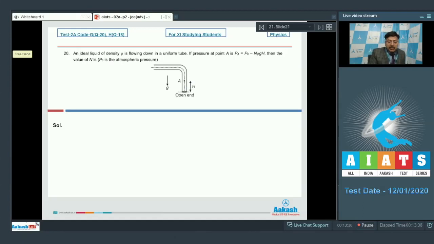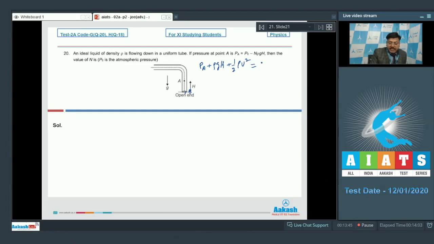So let's apply Bernoulli's equation between point A and, let's say, point B just outside the pipe. So pressure at point A is PA plus rho gh, and let's say the speed is V, so plus half rho V square.